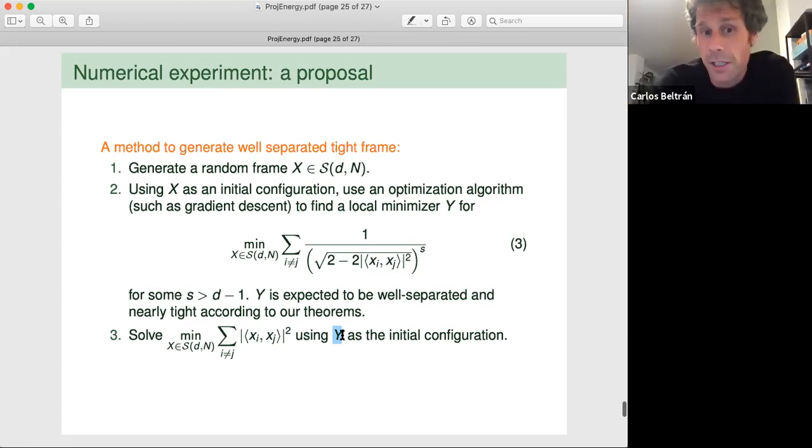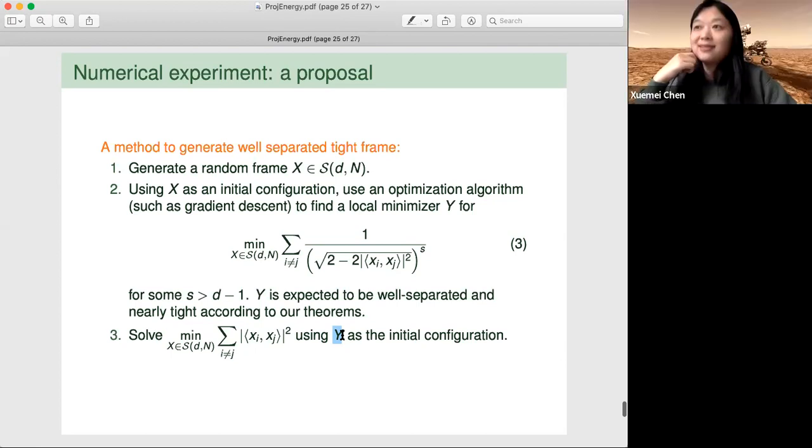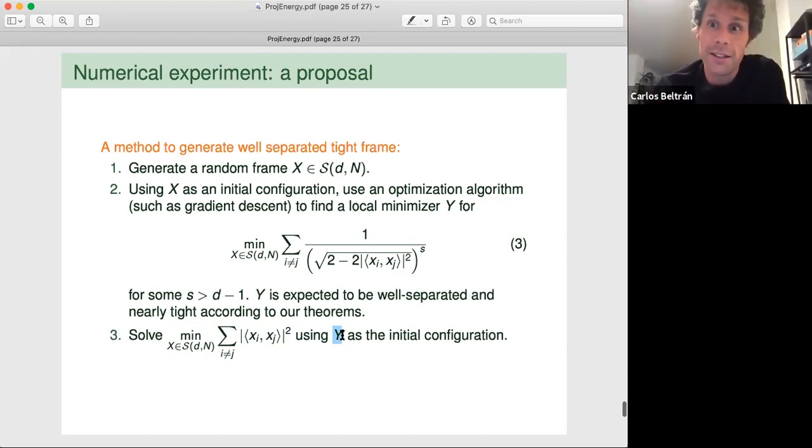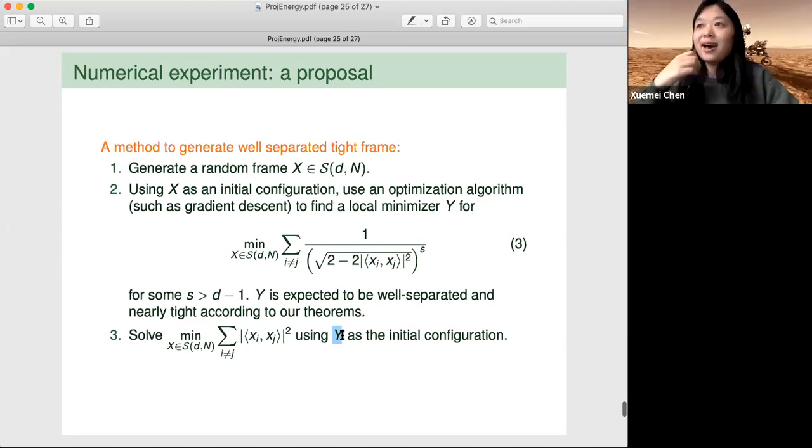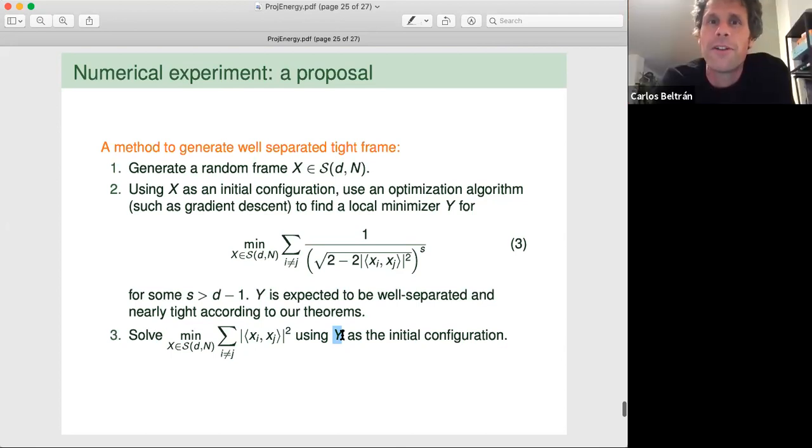Okay, because if I understand you well, if you start in a bad configuration, minimizing only step 3 can give not well separated, right? That's right. So the hope is if you give it a good one, then it will converge to the good place. Yes, there should be a lot of local minimizers nearby, and it should quickly fall into the nearby one, which still kept the separation, since it's continuous. Okay, perfect. Thank you very much. You're welcome.